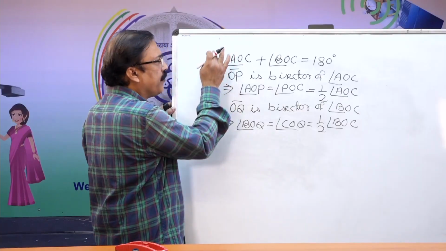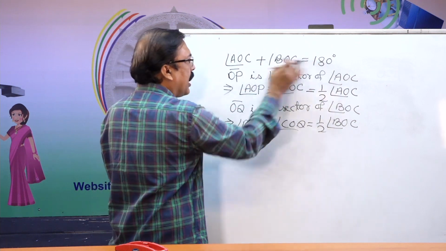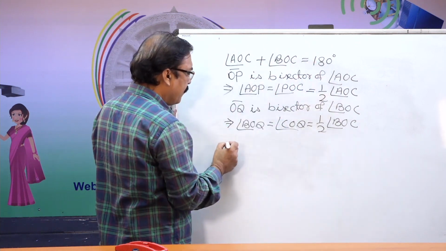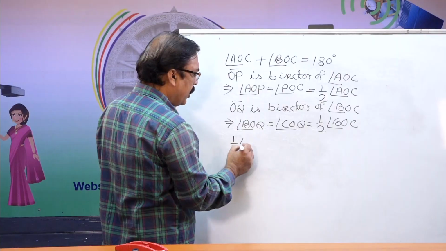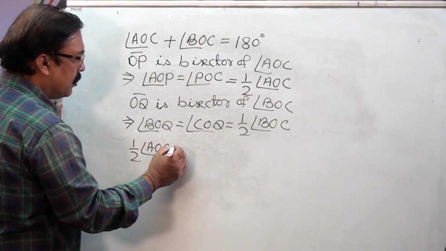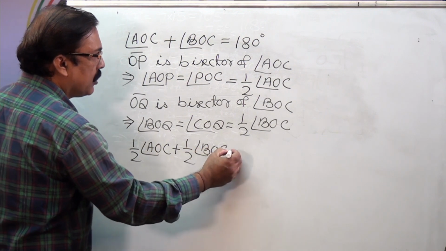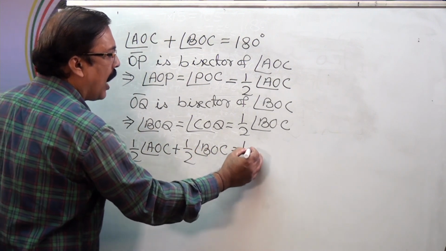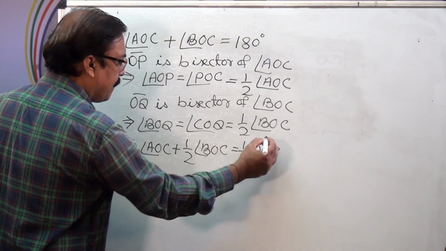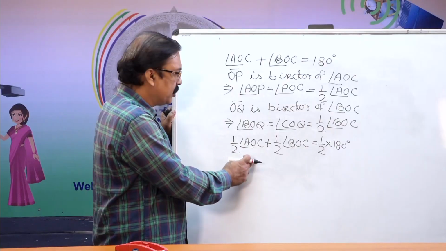Now, if we multiply by 1/2 on both sides, we have half of AOC plus half of BOC is equal to half of 180 degrees.